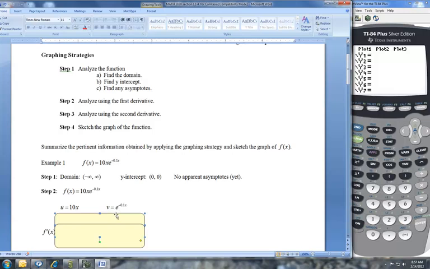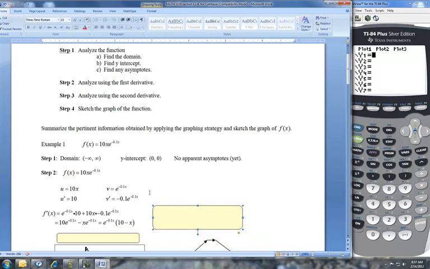So I should have right in the middle a negative 0.1. Now I'm going to put it in the appropriate place. This is my product rule: v times u prime plus u times v prime.